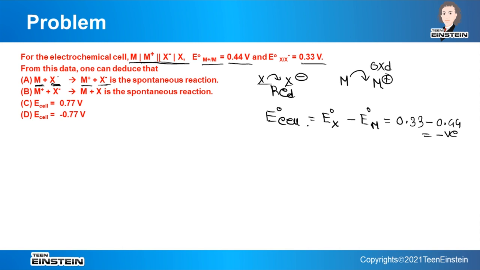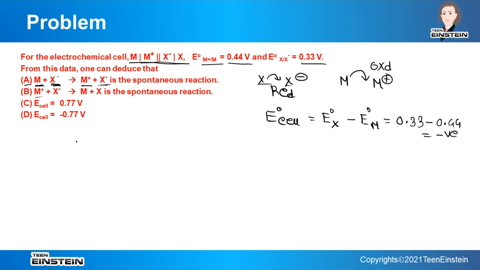That means this reaction cannot be spontaneous. Now, if A is not spontaneous, obviously B should be spontaneous. So without going to C and D, my advice is that this is how you can save your time during the exam. When you say that A is not spontaneous, obviously B has to be spontaneous, so this must be the correct one.